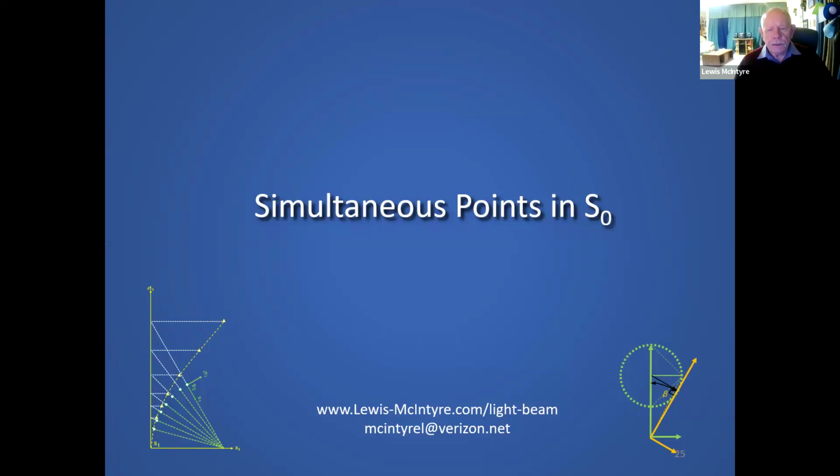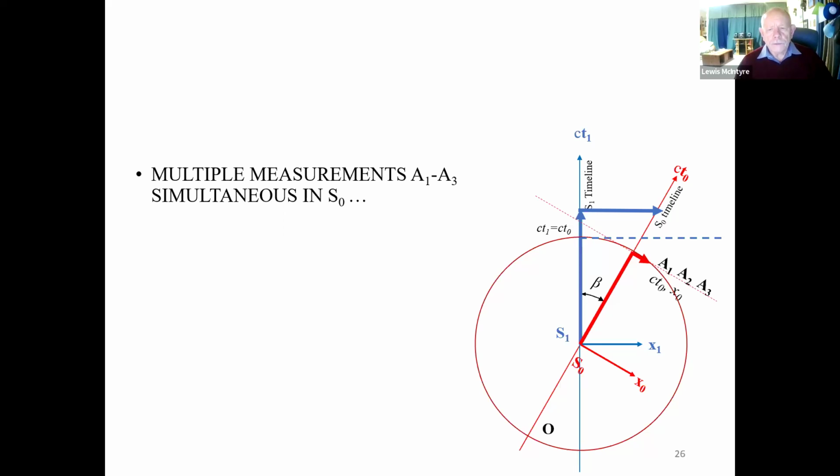This procedure easily solves for multiple simultaneous points in S0. Points with the same time coordinate in S0 are simultaneous in that reference frame, such as A1, A2, and A3.